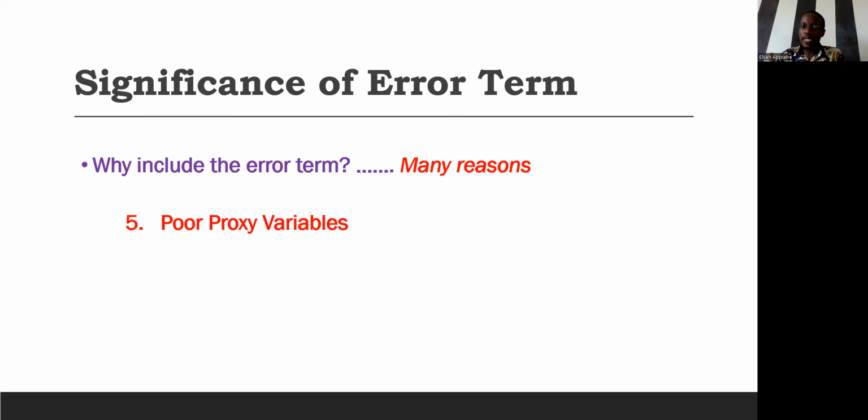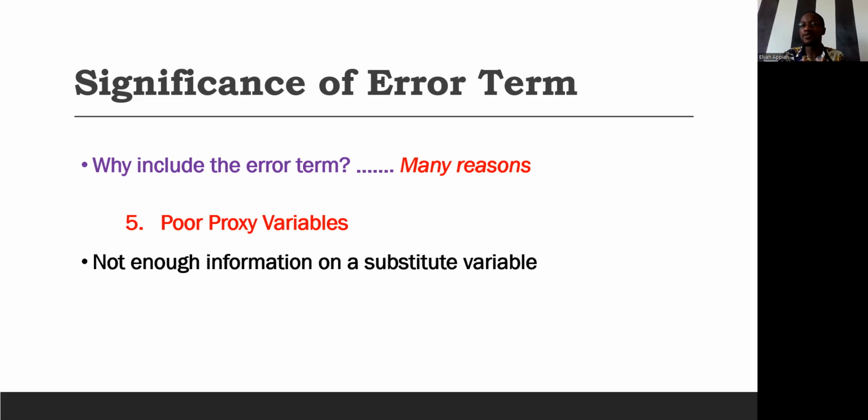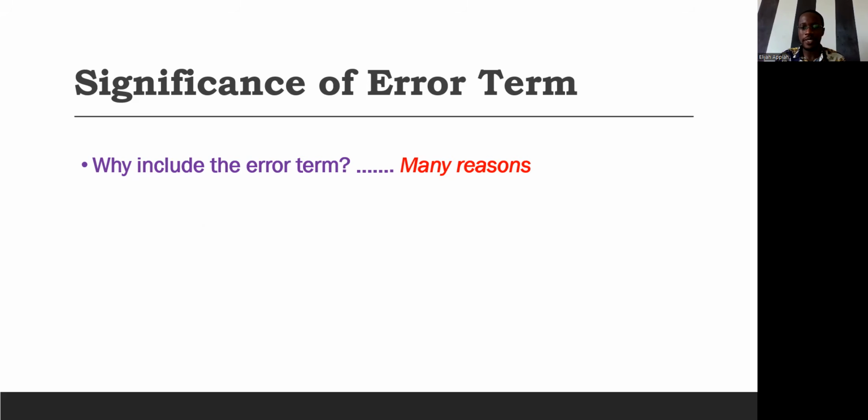So GDP per capita becomes a good proxy variable for economic growth. But if you choose any other variable that is very poor, then you are likely to encounter errors. And that is the reason why we include the U parameter in the econometric model. So if there is not enough information on a substitute variable, it becomes difficult for you to estimate your model. And so we include the U parameter there.